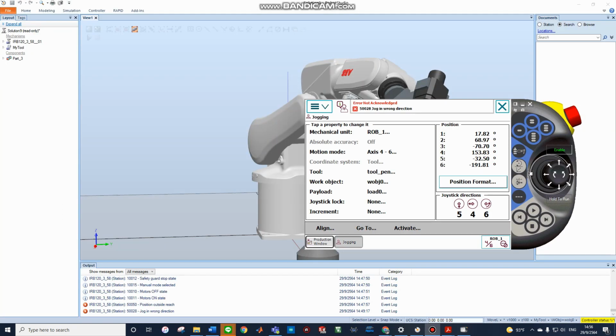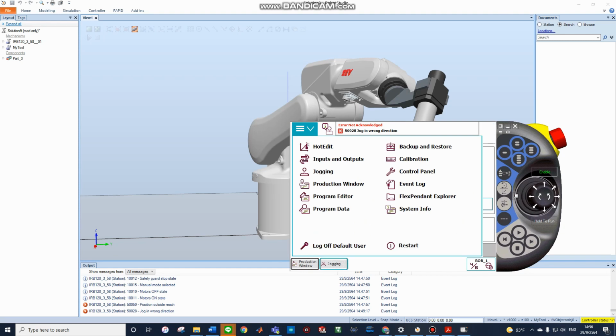Start about the FlexPendant window overview. This is the hot edit.